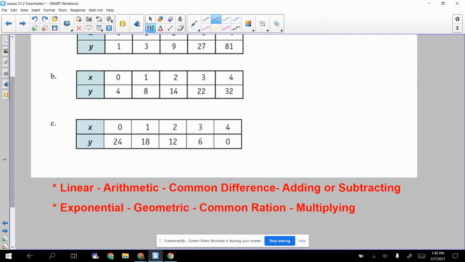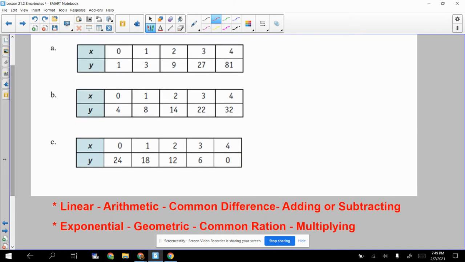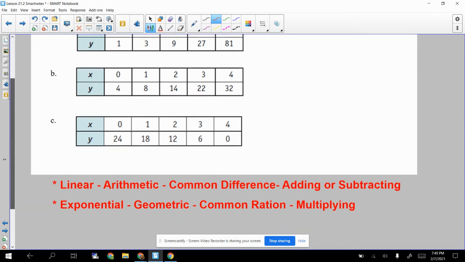But first, linear is most similar to arithmetic sequences, meaning we're going to be looking for a pattern that has a common difference that is adding or subtracting each time by a constant, okay? Whereas exponential is more like geometric, meaning it should have a common ratio or a constant that we are multiplying by each time.